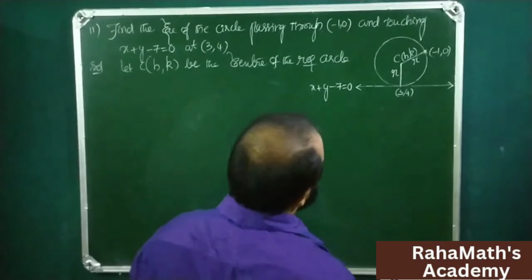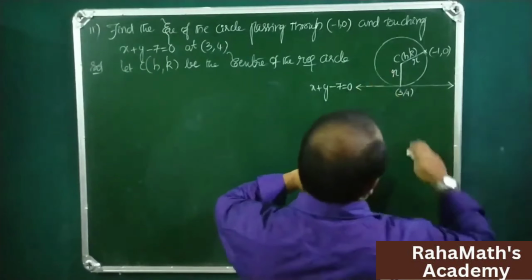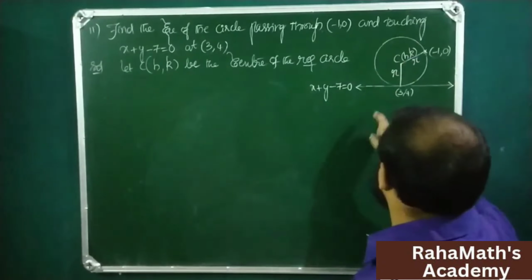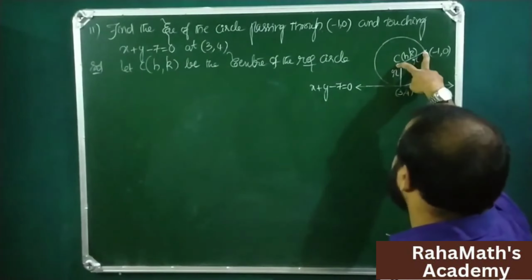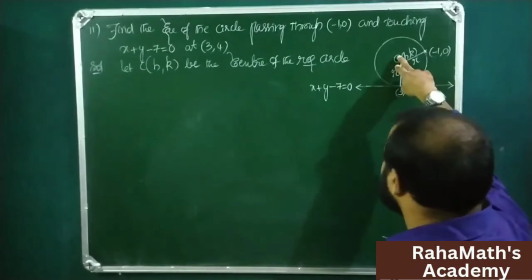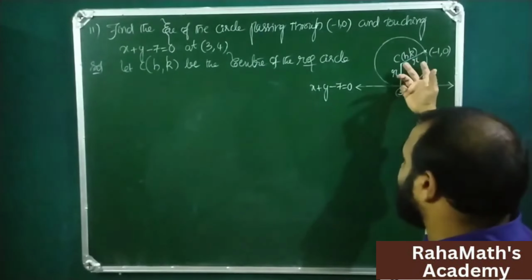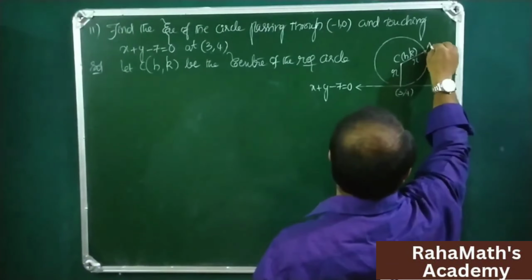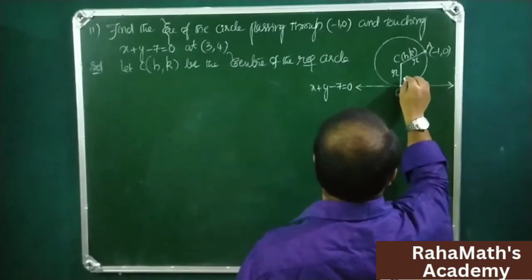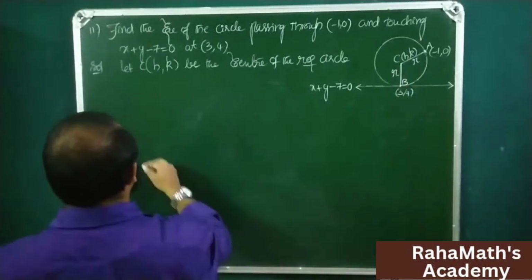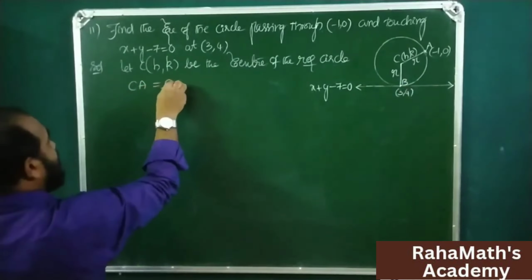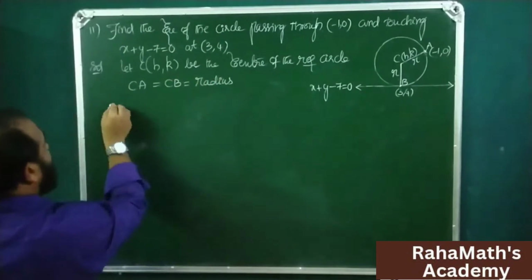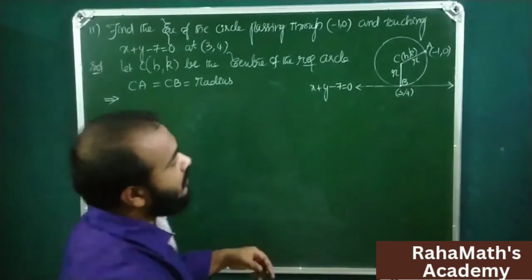Okay, and see this, since minus 1 comma 0 and 3 comma 4 lie on the circle, the distance from the center to this point and the distance from this center to this point represent the same radius, no? So let us suppose this is A and this is B. So CA equals CB equals radius, which implies, what is the radius?